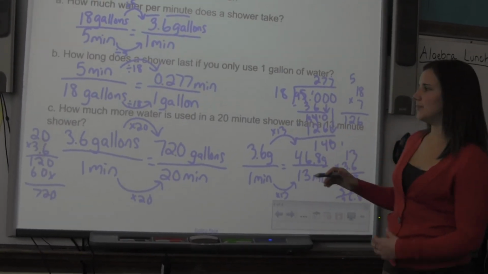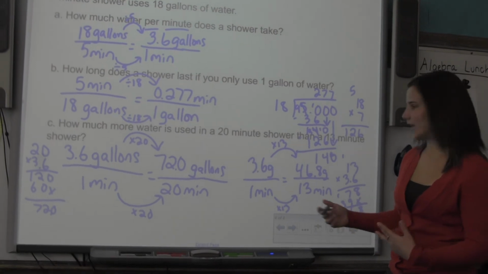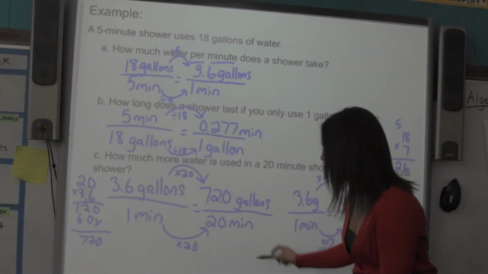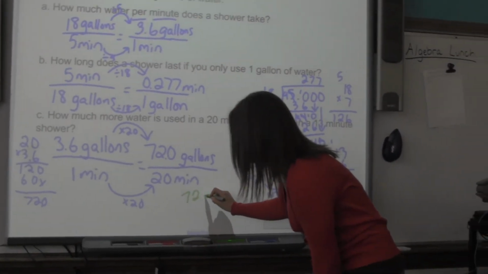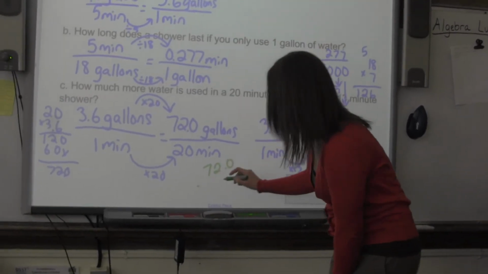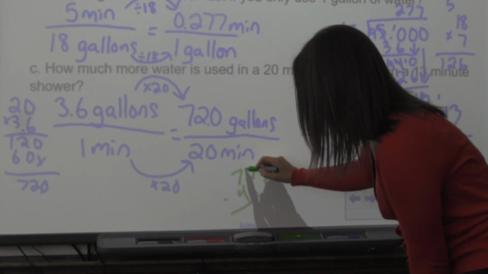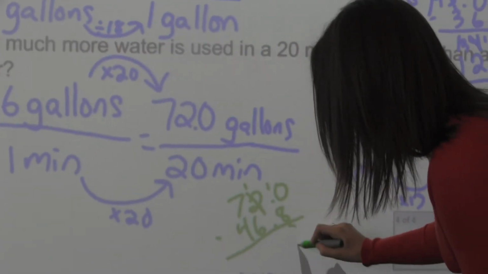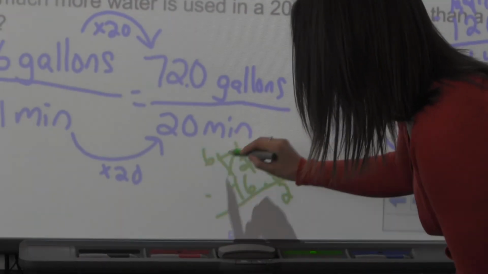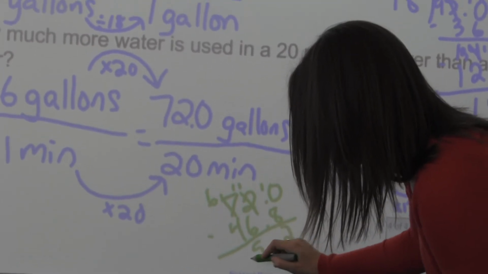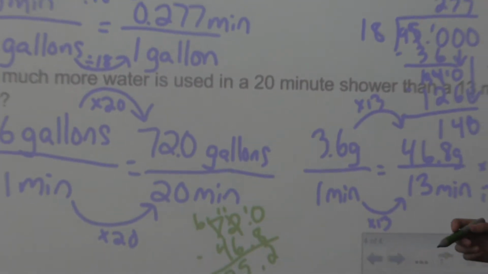And the question asks me how much more. That's a subtraction problem. So I'm going to now use a different color to specify. 72.0 minus 46.8. And that is 25.2 gallons of water.